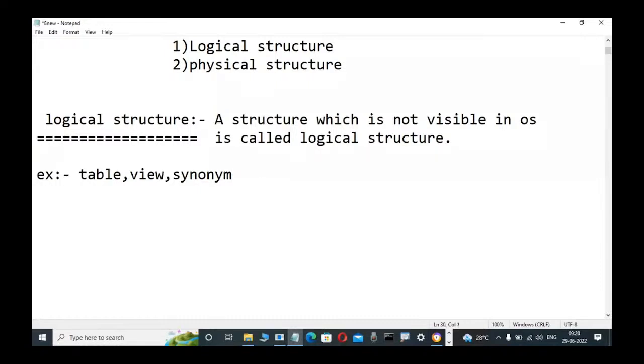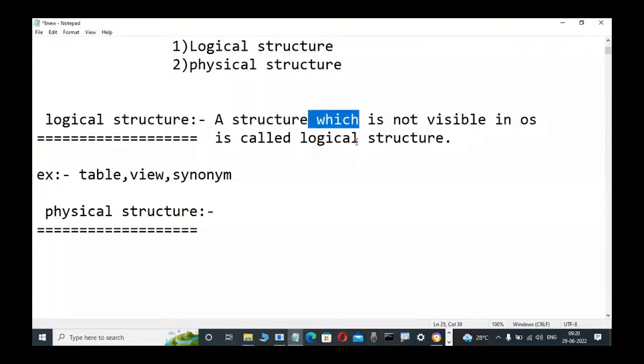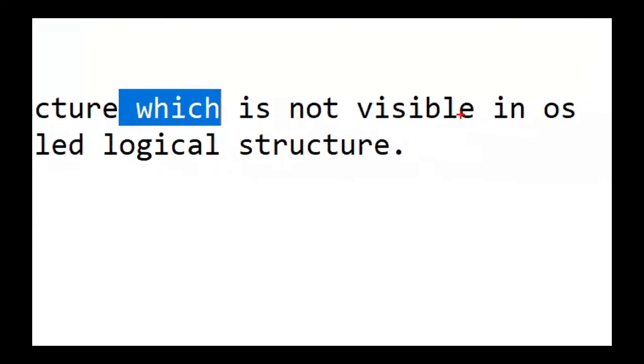Next, what does physical structure mean? Everyone is telling, very easy. What does physical structure mean? That is easy only. Why? Because observe, it is the opposite of the logical structure. What do they tell in the ANSI standard? A structure which is not visible in the operating system is logical. But the opposite side means what?